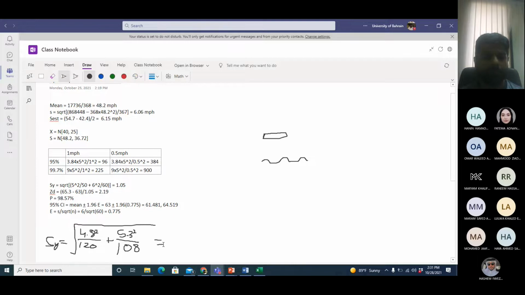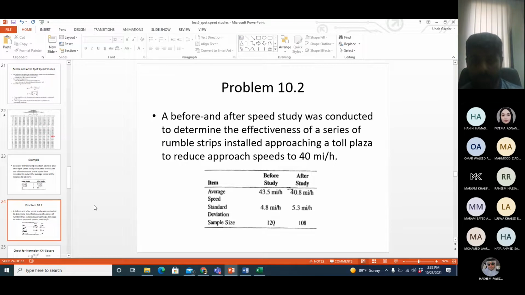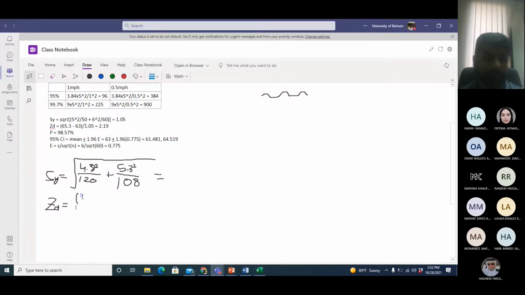Okay, so you're given the value of SY, and then you will give me the value of ZD as well, or Z, which is the difference of the means, 43.5, divided by SY.